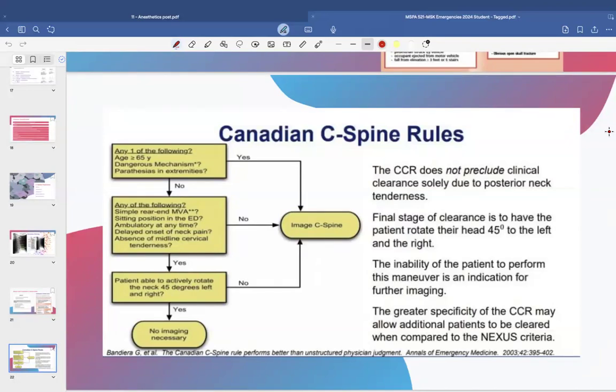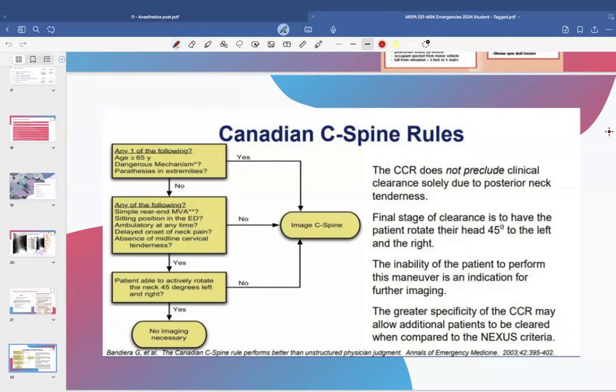But Canadian C-spine rule, so checking if they have, as we age, our bones get even more brittle. So if they are somebody that's over the age of 65, or there was some sort of dangerous mechanism to their injuries, some sort of trauma, or if there's any paresthesias, tingling in the arms or legs, just get that CT scan.